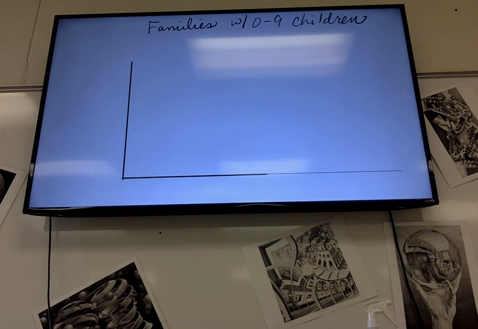I got to have some kind of title on the top of it. I know it ranged from 0 to 9, and across the bottom, those are number of children. So I need to label that. And on the side is the frequency. Need to label that as well.